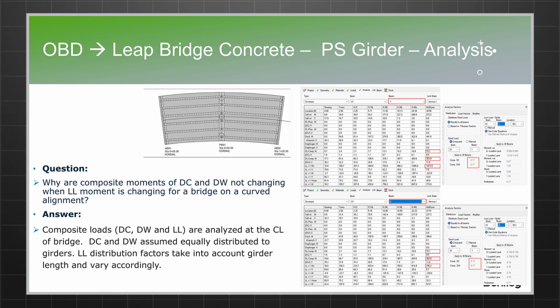DC and DW, which are the dead loads, are assumed to be equally distributed to the girders, which you can see in the analysis factor dialog box. Under dead load and composite, the distribution factors are equally distributed, which can be seen in the screenshot. For live load distribution factors, the girder length is taken into account, and it varies accordingly, and that is the reason the live load moment keeps changing for a bridge on a curved alignment.